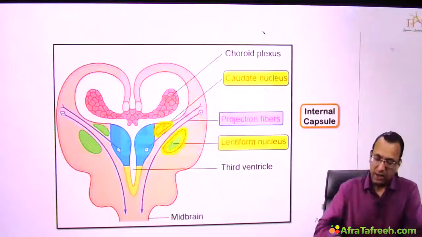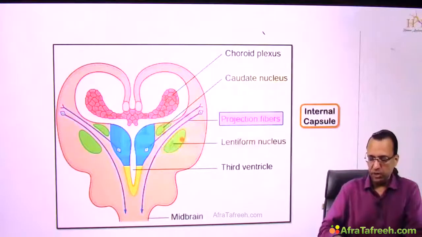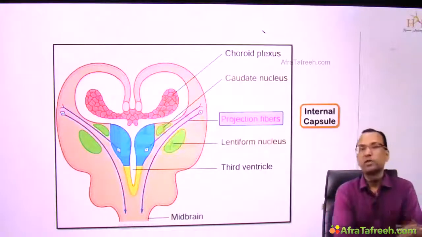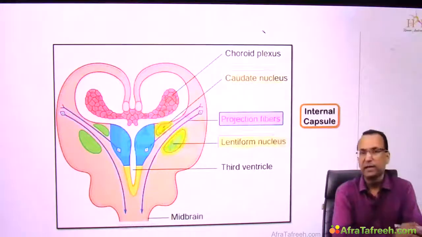And remember, the lentiform is always lateral to the internal capsule and the caudate is medial to the internal capsule. This will help you in orientation of the adult brain also. So these are the two parts of the corpus striatum.